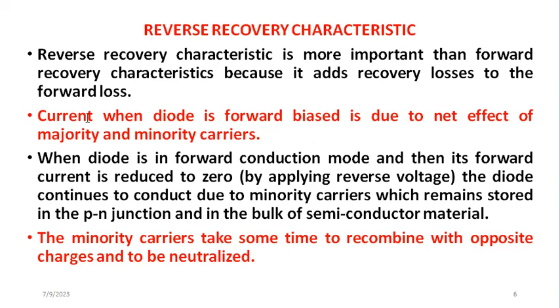So the current of the diode, when it is forward biased, is a result of the combination of majority carriers and minority carriers at the same time.